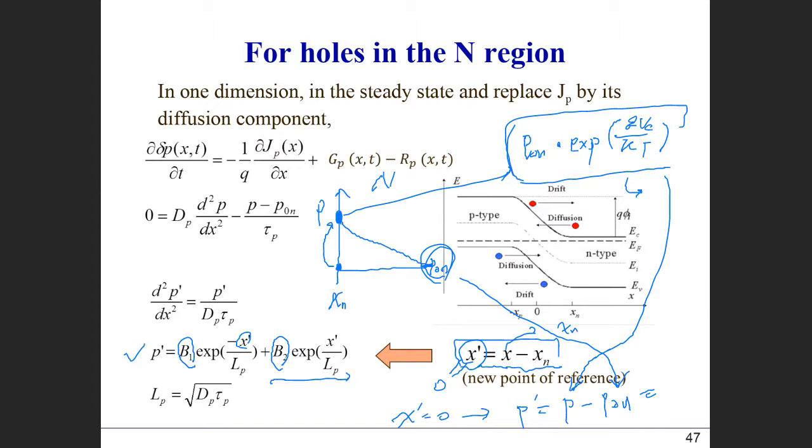So if x prime goes to infinity, we expect that the hole concentration reaches p_n0, which means that in terms of p prime, this goes to 0. These two boundary conditions we can apply to obtain P1 and P2.